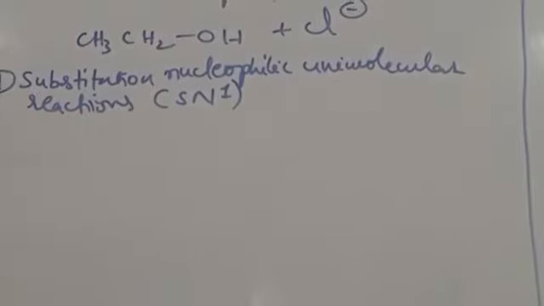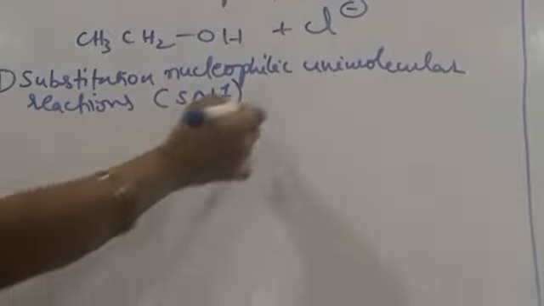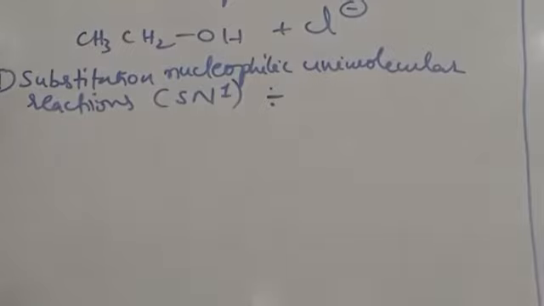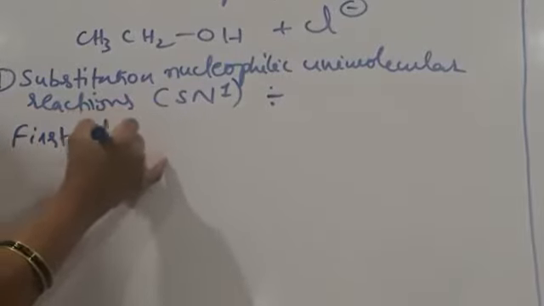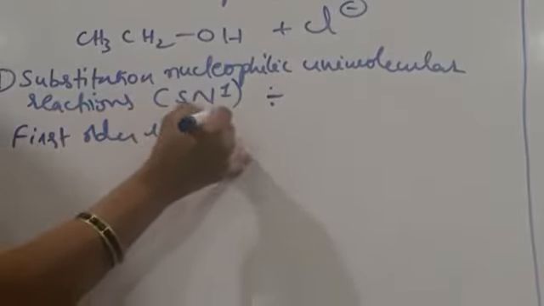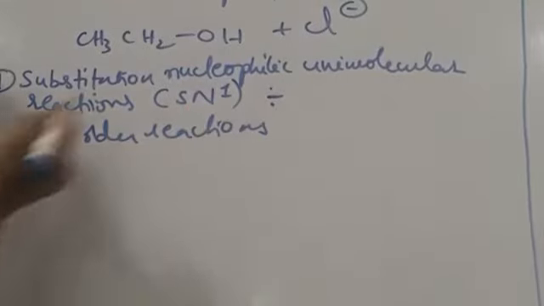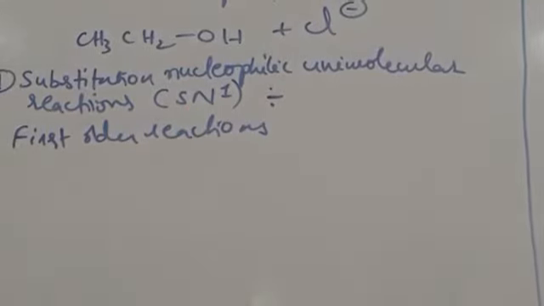First coming to substitution nucleophilic unimolecular reactions. These are SN1 reactions. Okay? And these are also called first order reactions. Okay? So you know about order and molecularity. Okay?